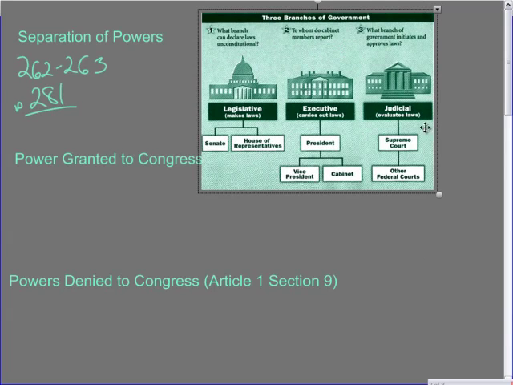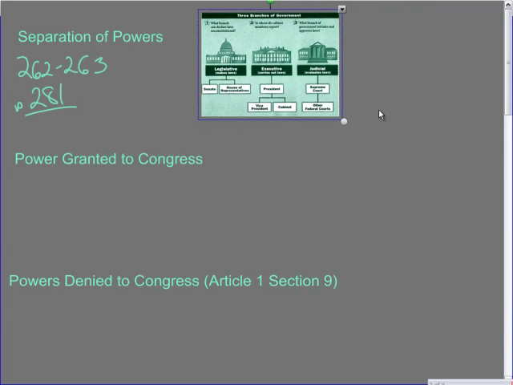And if we look at those in more detail, starting with Congress, we're looking at the powers that are granted to Congress. You need to be looking at pages 272 through 274 for these. There is a list of things that Congress can do.